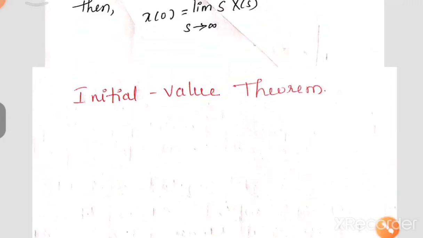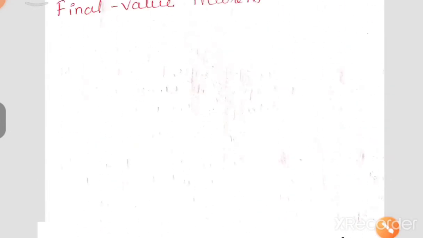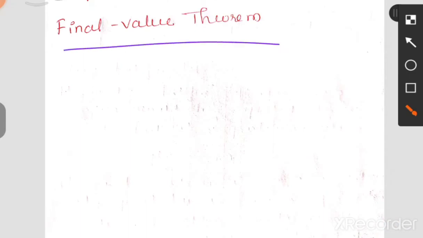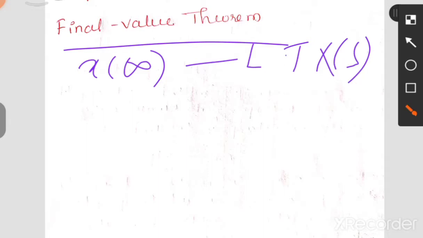Then similarly we'll find the final value theorem. As we said, we are going to find x of infinity, that is the final value of the system, directly by Laplace transformation, that is X of s.